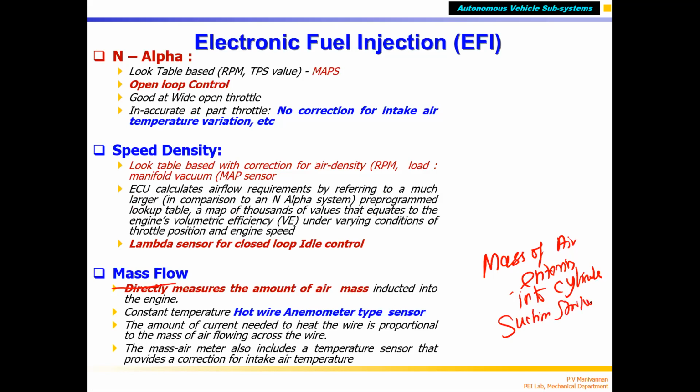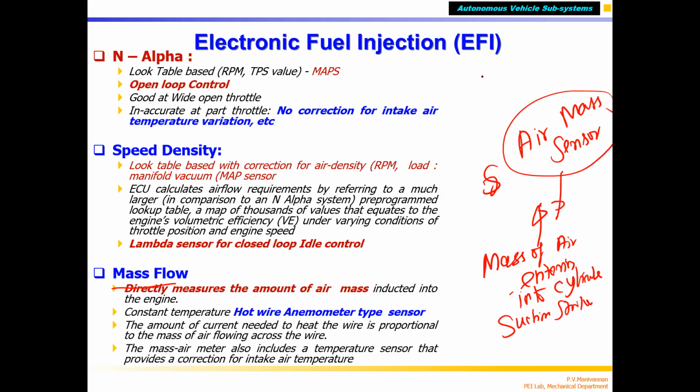This should be measured using a special sensor called the air mass sensor. This sensor directly measures the amount of air entering, not the volume. If you have an air mass sensor, you don't need IAT. IAT is not needed because we are directly measuring.